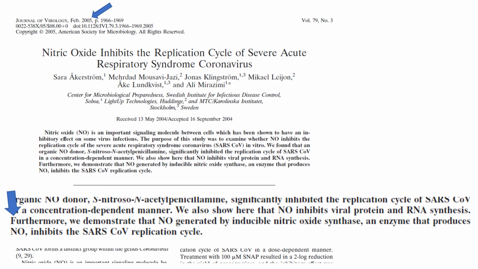This study was published in 2005 and showing that nitric oxide is able to inhibit that viral replication cycle. Well, I mentioned earlier that a mechanism of laser is to dissociate this nitric oxide that is bound to the cytochrome oxidase enzyme.